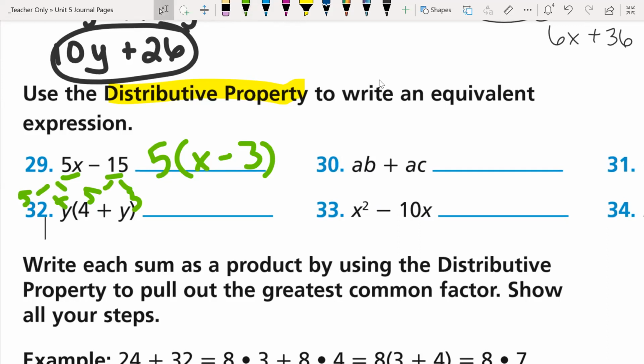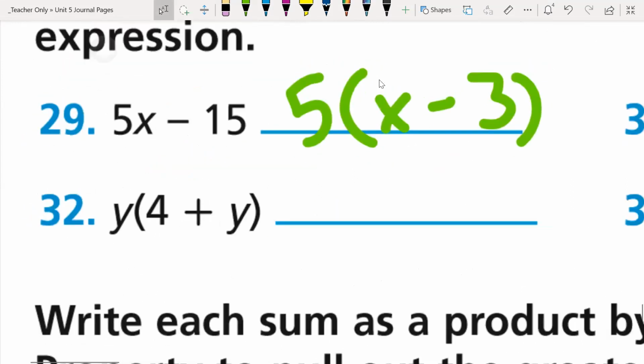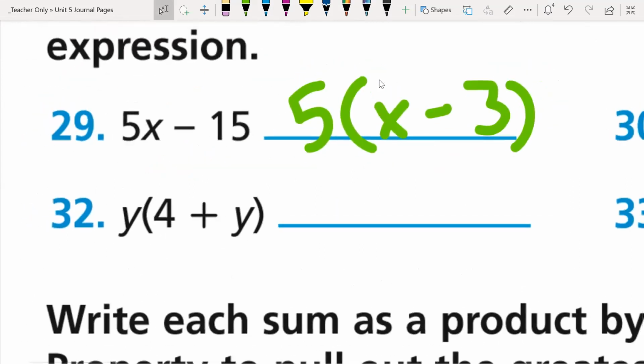You can hardly see that, so I'm going to explain that in greater detail. Okay. So, zoom in on this. Okay. So I can break these numbers into 5 and 1x, and 5 and 3.